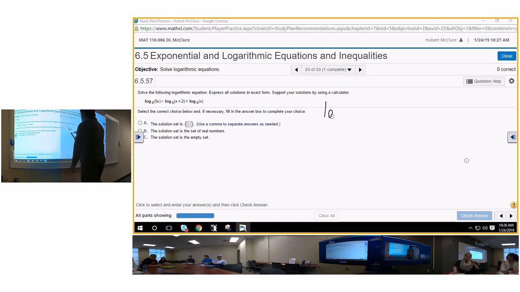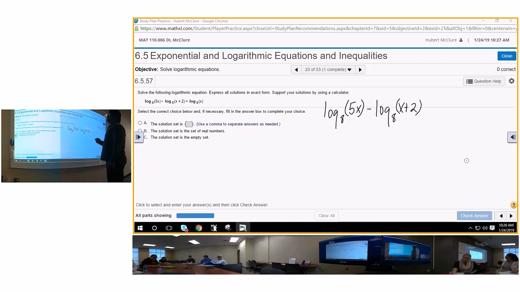Log base 8 of 5x minus log base 8 of (x plus 2) equals log base 8 of x. That's what the problem's supposed to look like.